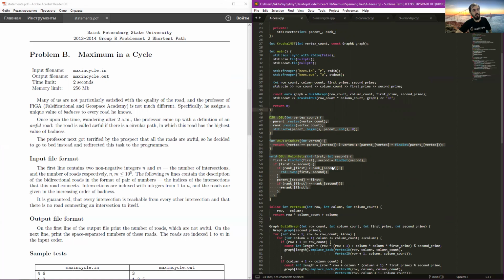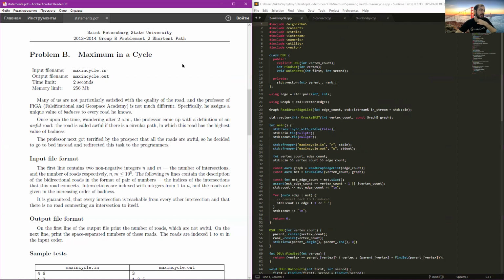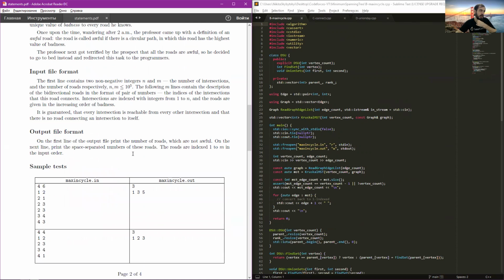It's okay. If you find it convenient, then you can use it. Again, all the code is on GitHub. In the second problem, the legend is a little bit complicated, but the point is that we have some sparse graph with at most 100,000 edges and vertices.